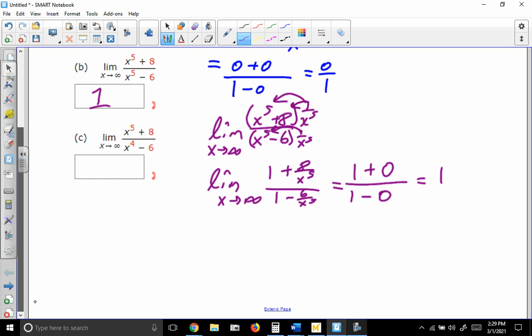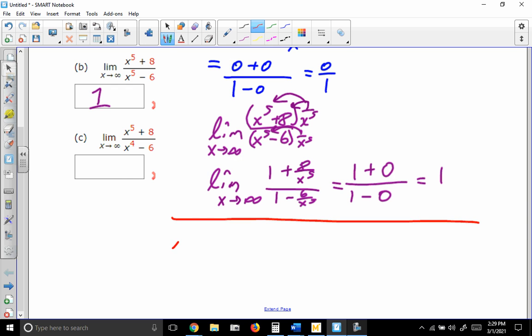Now if we look at the third one, we have the limit as x goes to infinity of x to the 5th plus 8 over x to the 4th minus 6. Our largest power of x is 5. So we're going to multiply the top by 1 over x to the 5th and the bottom by 1 over x to the 5th.